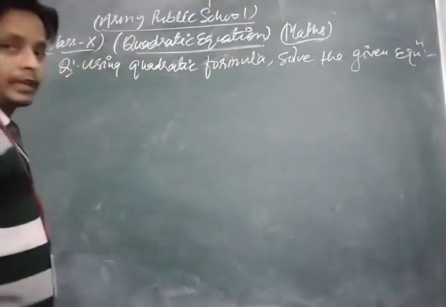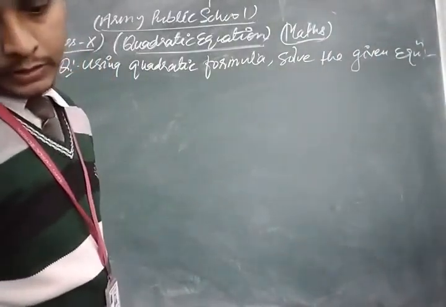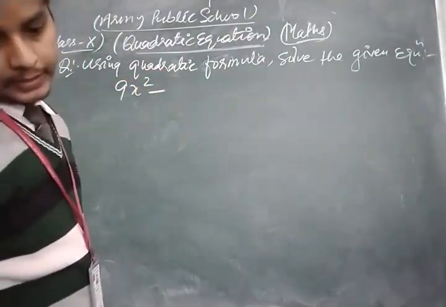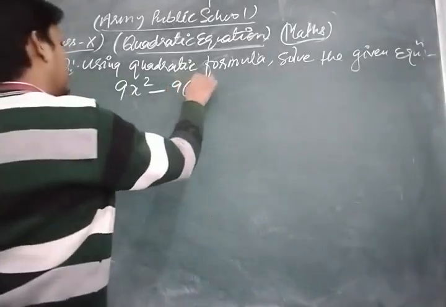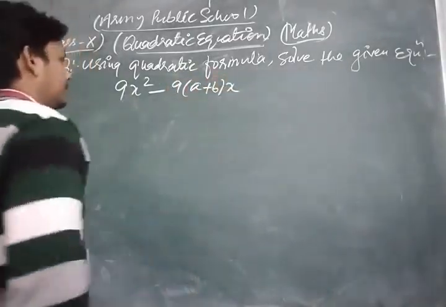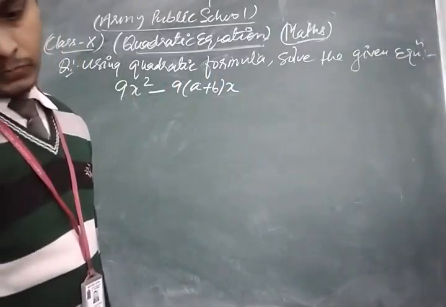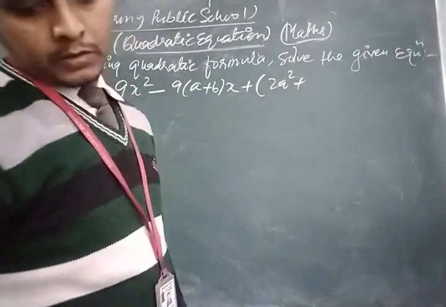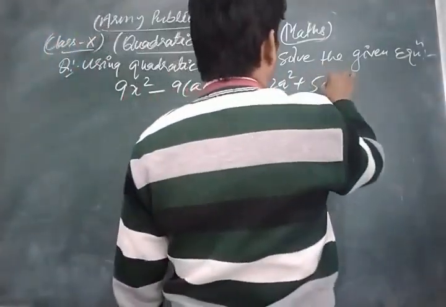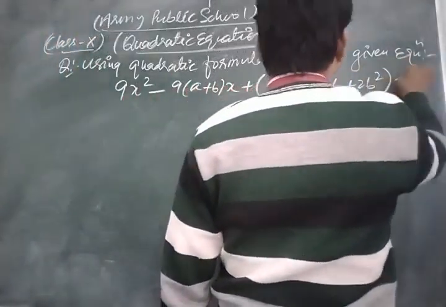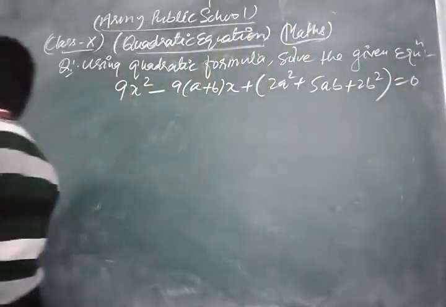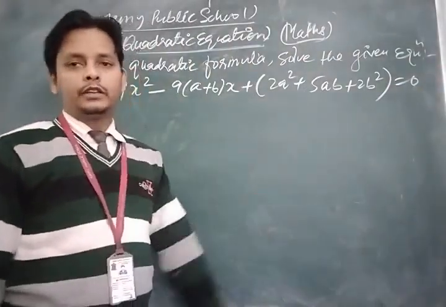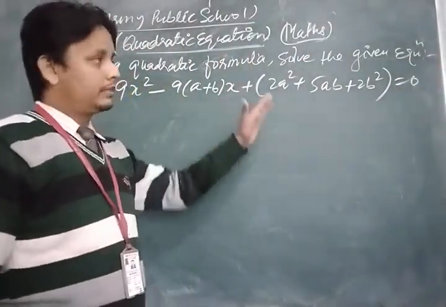Your equation is 9x square minus 9 in bracket a plus b into x plus 2a square plus 5ab plus 2b square is equal to 0. This is a quadratic equation in variable form.